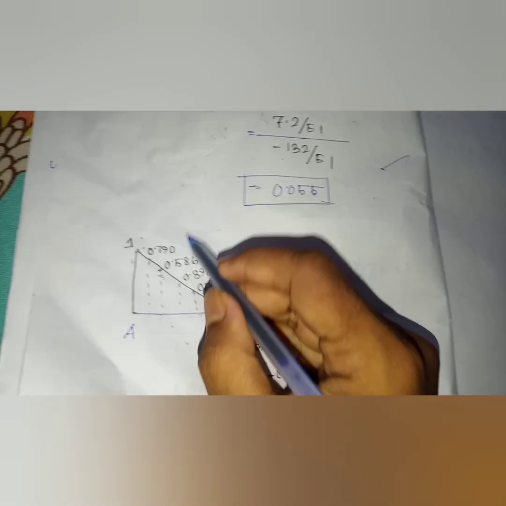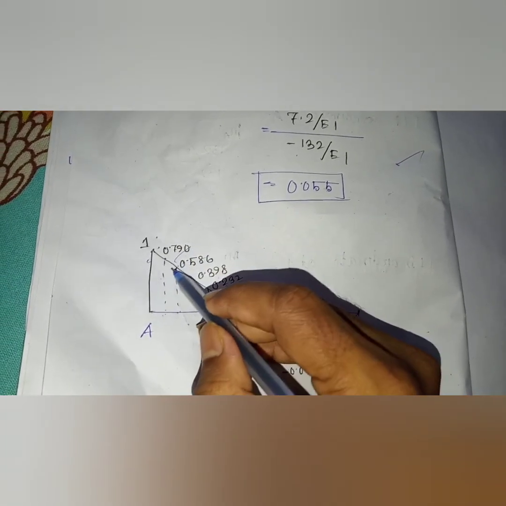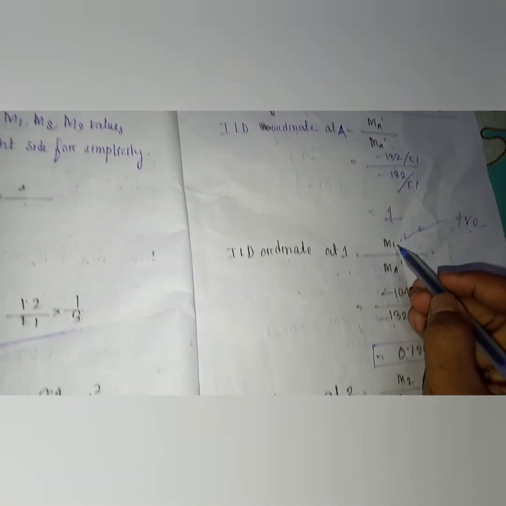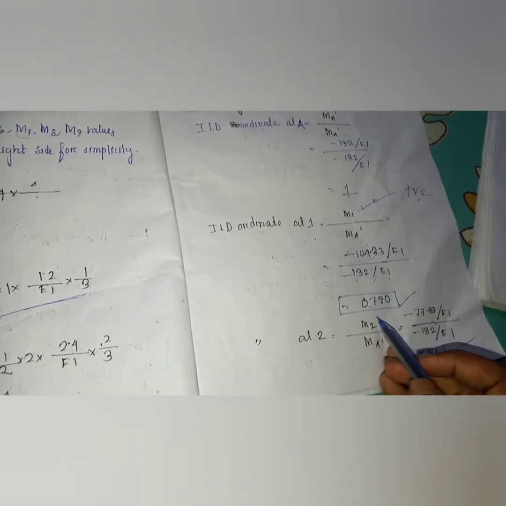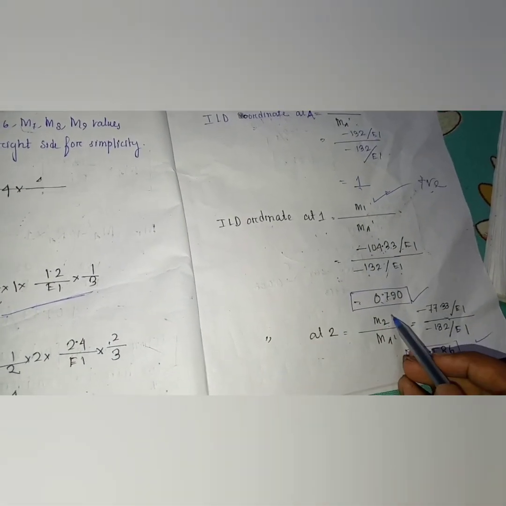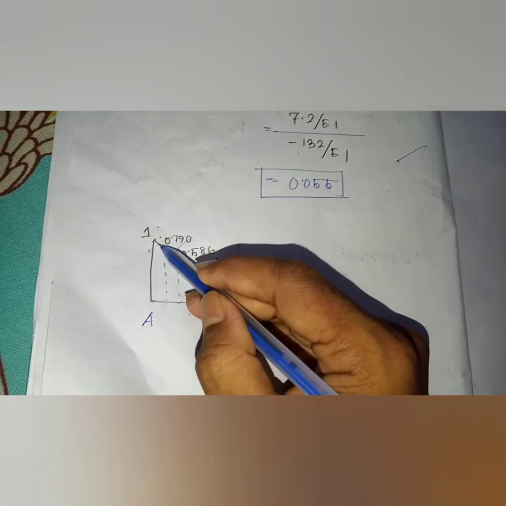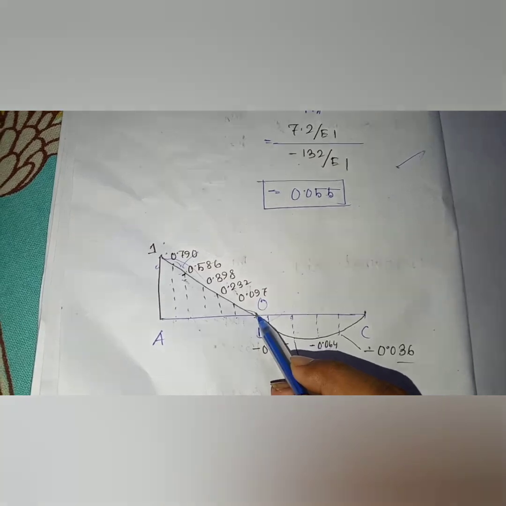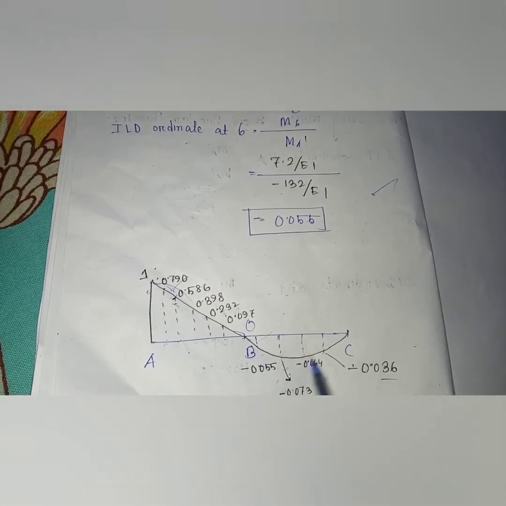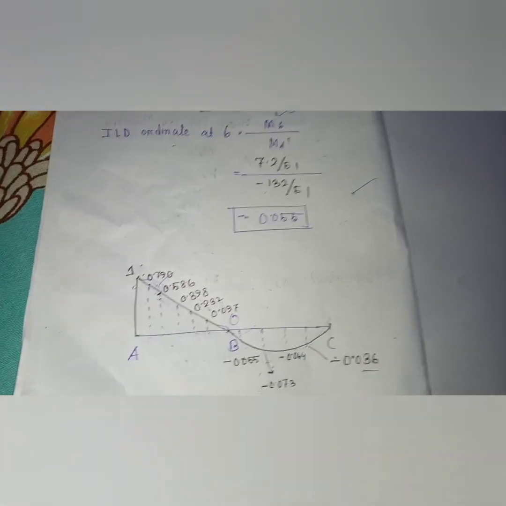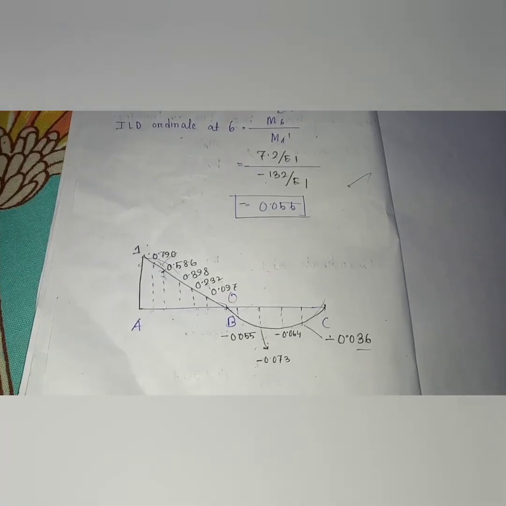Okay, now the values we have found, like at section 1 the value of the ILD ordinate was 0.790. We just put it at 0.790. That means this is curved. And at B it was 0, we have seen it. After B it comes negative, right? So thus I have drawn this ILD for a continuous indeterminate structure.